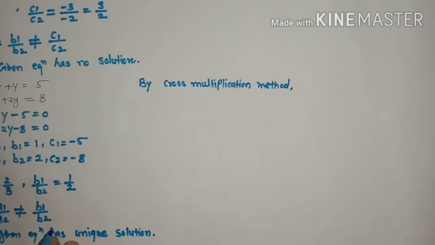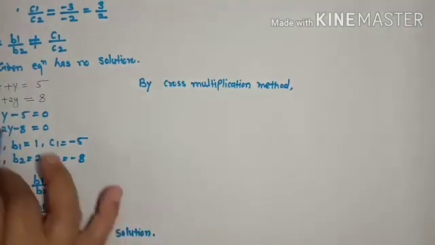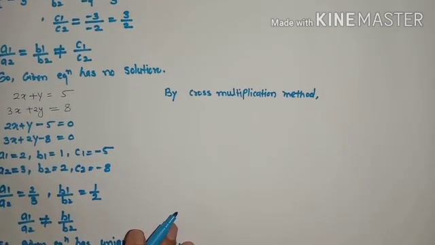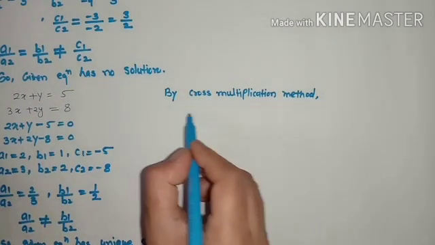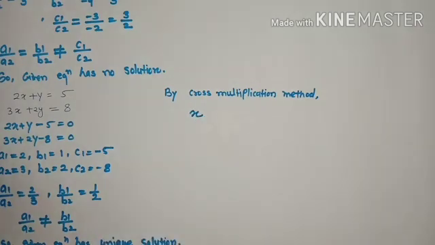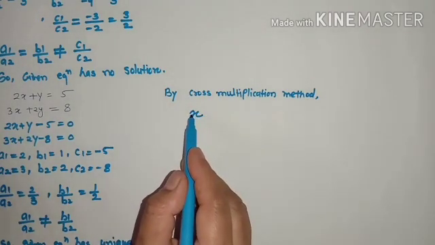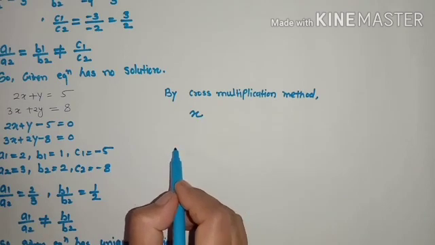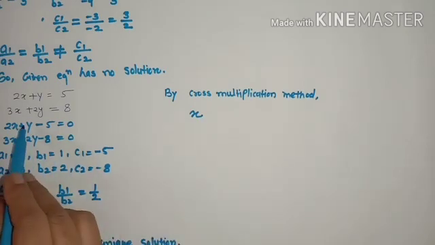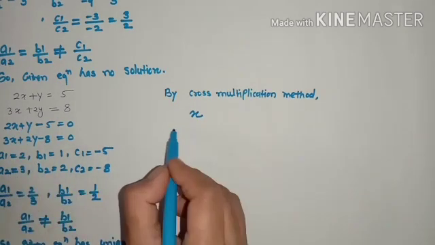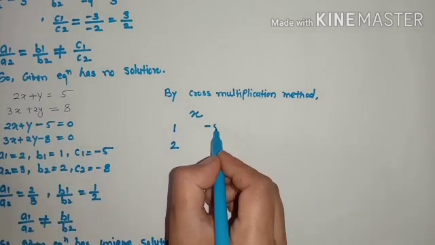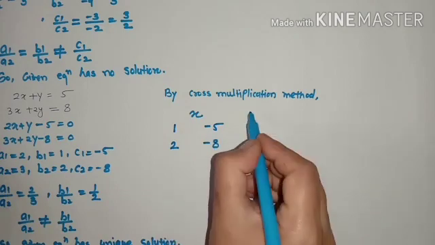For that, first we will arrange the coefficients of x, y and the constant term in such a manner: x upon, we will write behind this x the coefficient of y and the constant term. Here the coefficients of y are 1 and 2. So first we will write 1 and then 2. And then the constant terms -5, -8.